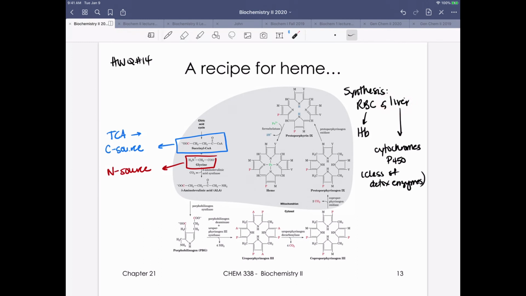In liver, we talked about the detox enzymes in that class called cytochromes P450. And beyond specific tissues or cell types, remember that we've got cytochrome C in our mitochondria and the electron transport chain. So that is another necessary place where we see heme in biochemistry.